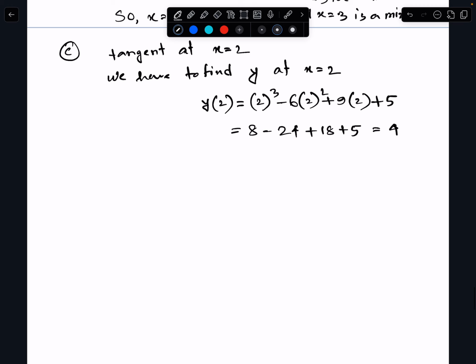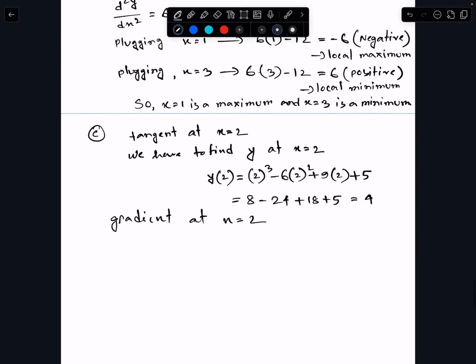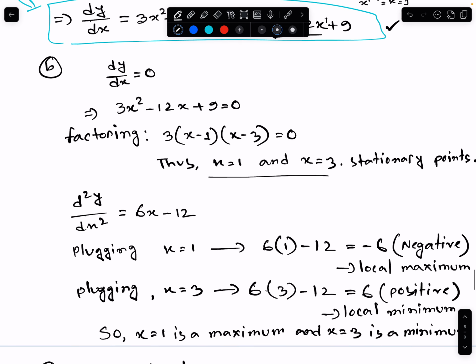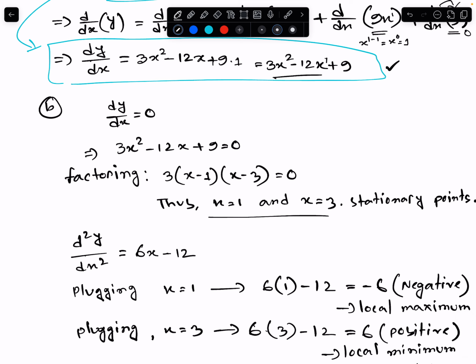And now we have to find the gradient at x equal to 2. To find the gradient at x equal to 2, we put x equal to 2 into our first derivative. Our first derivative is 3x squared minus 12x plus 9.